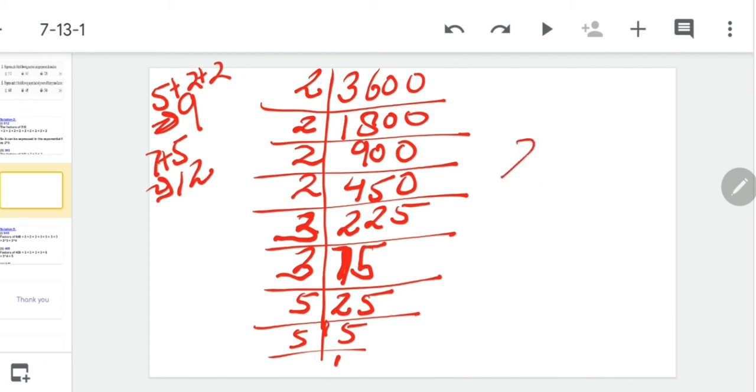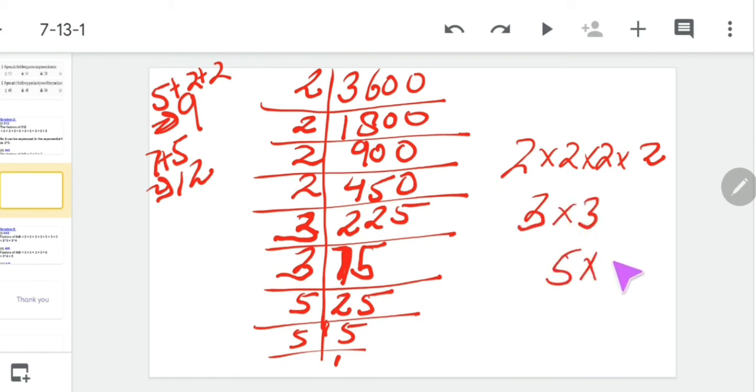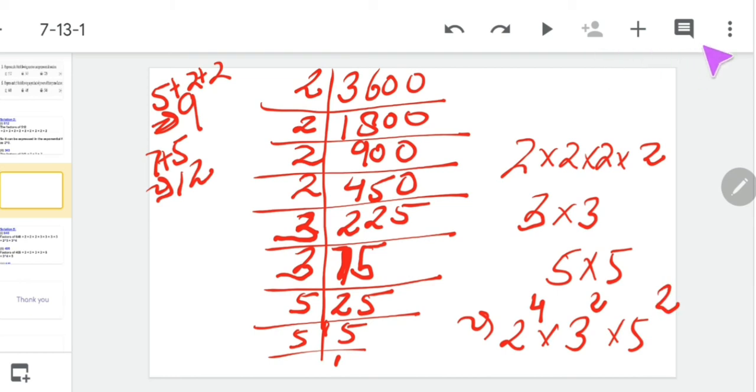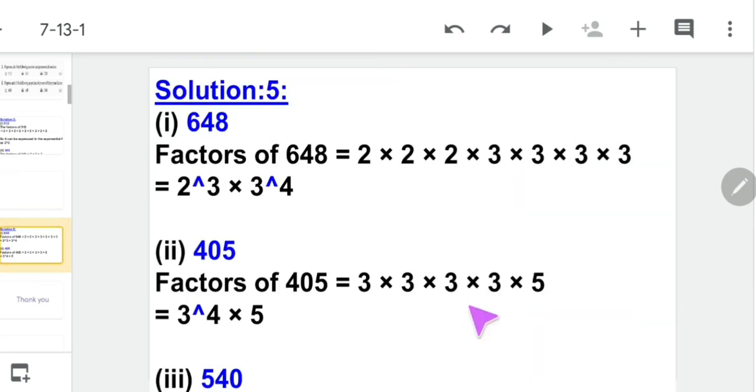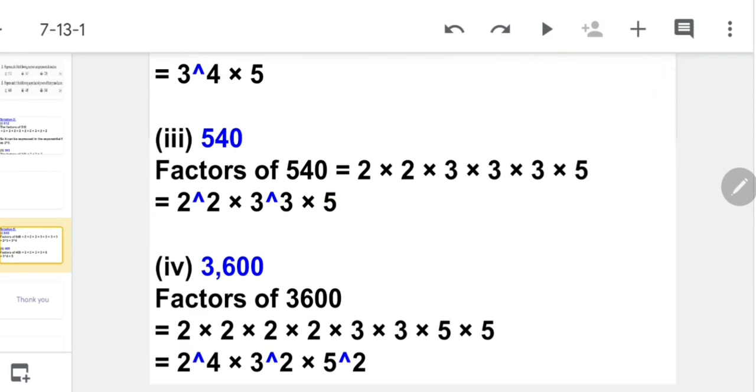Now how many 2 we have? 1, 2, 3 and 4. And how many 3 we have? 1, 2 and how many 5? 2. So we can write it as 2 power 4, 3 power 2 and 5 power 2. Okay. You can see, sorry, 2 power 4, 3 power 2, 5 power 2.